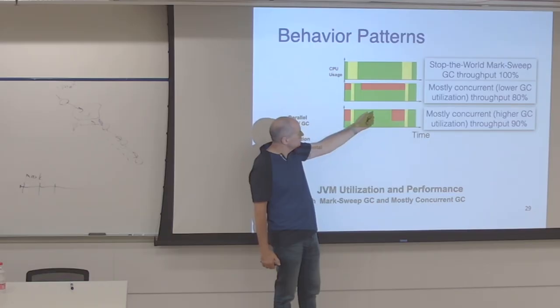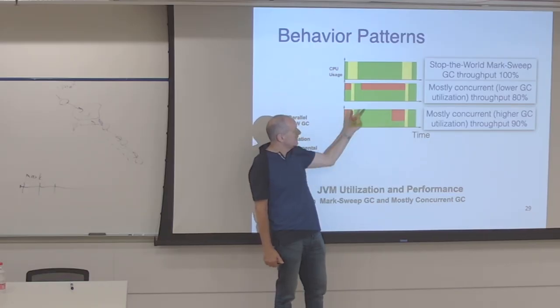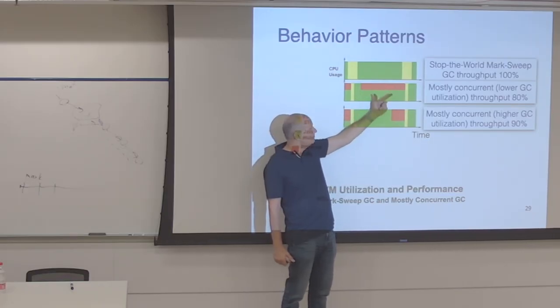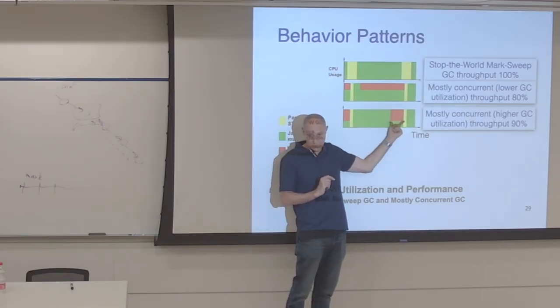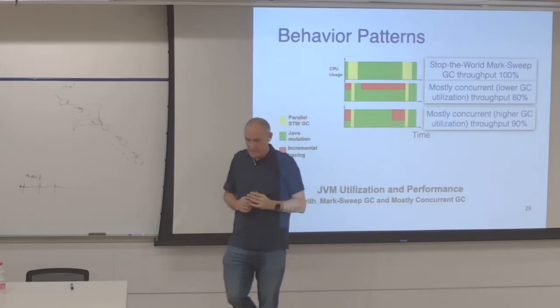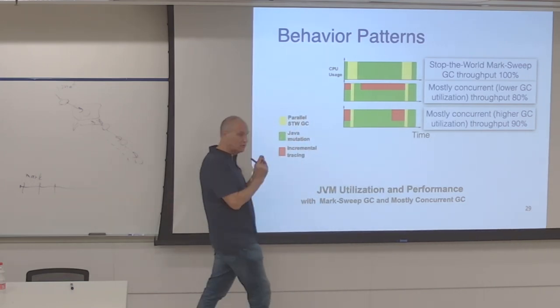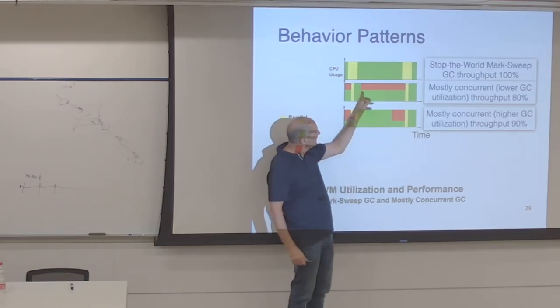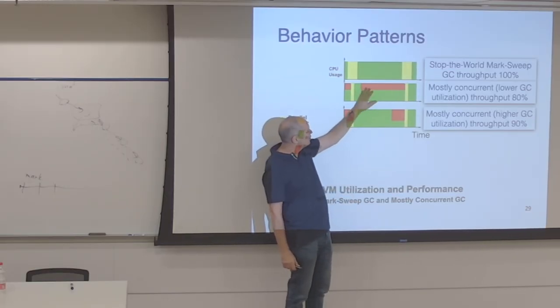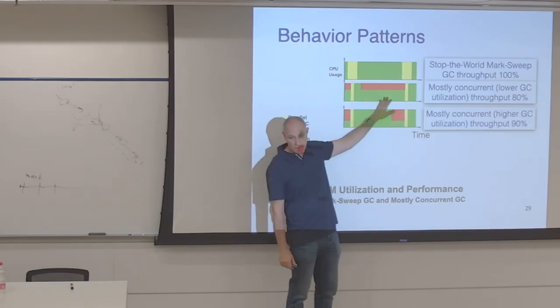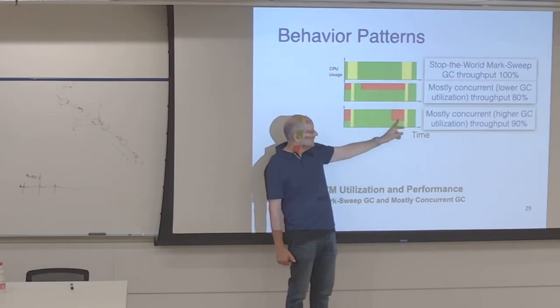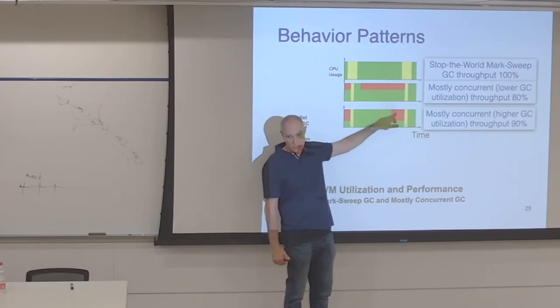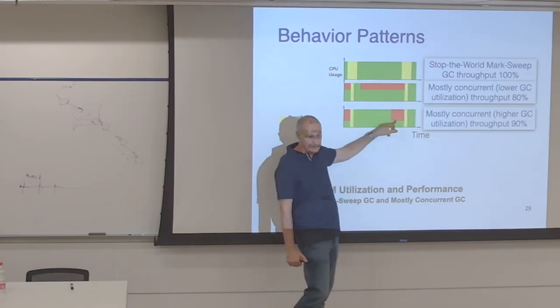Now, if you have a mostly concurrent collector, you can decide if you let the program do a small amount of work for each allocation or a large amount of work for each allocation. And what happens is if you just do a small amount of work for each allocation, then most of the CPU can go for the program. You don't bother the program too much. Unlike here, where in this time where the collector runs, most of the CPU goes to the collector.